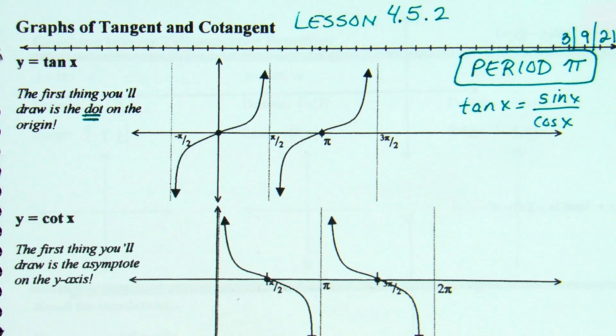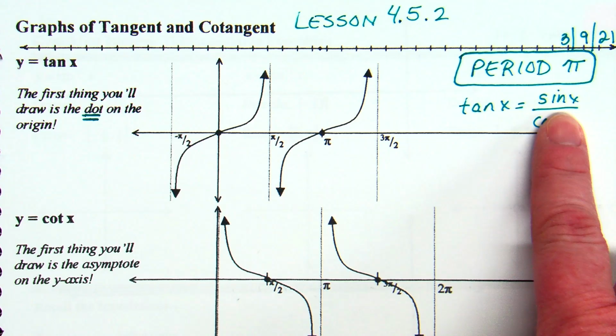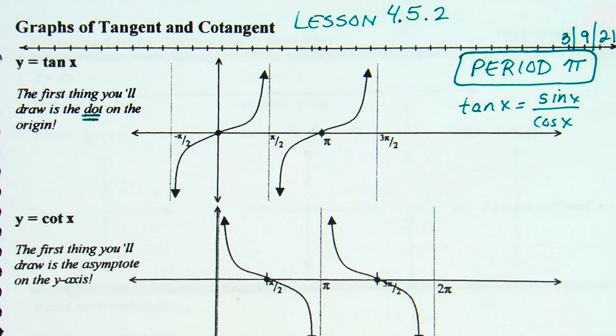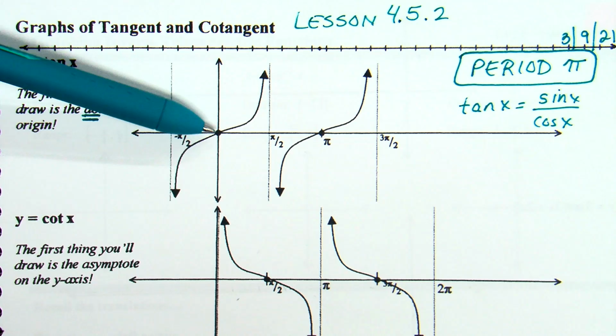Remember when we were learning the unit circle, we said that tangent was y over x, and that is sine x over cosine x. Sine x is on top of the fraction, so anytime sine x equals 0, the fraction equals 0.